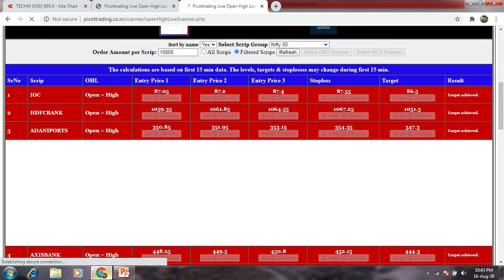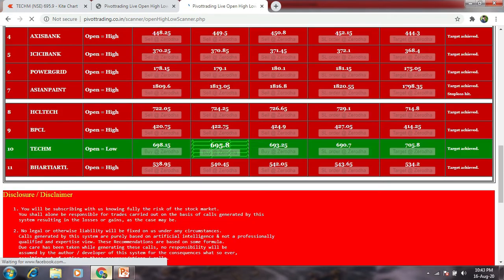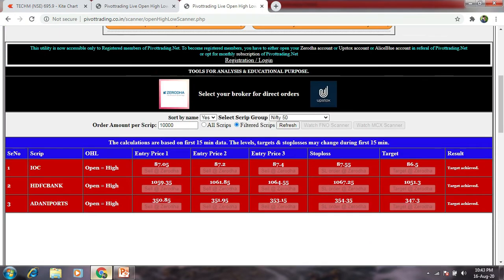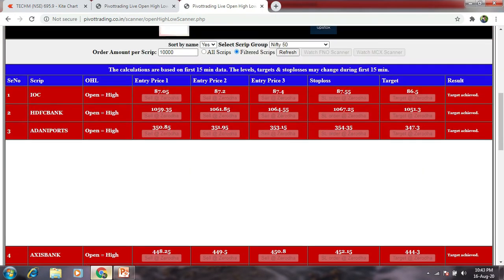You can see there are many scripts. This is OHL, open high low, the strategy we are discussing now. Here you are getting open is equal to low stocks and open is equal to high stocks, but you see there are many open is equal to high stocks due to the negative market on Friday.